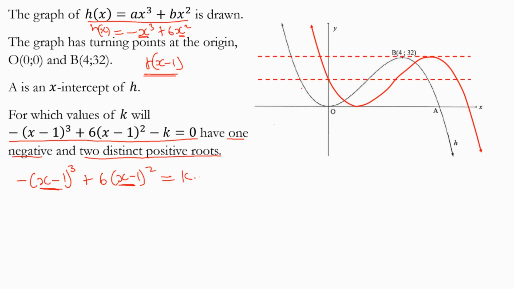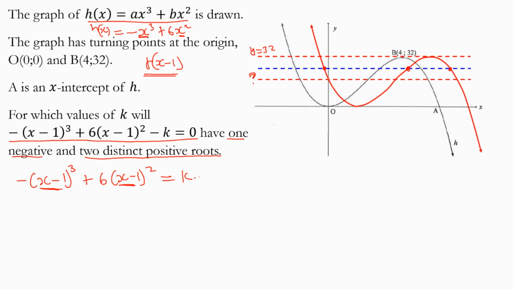This is where we have 1 negative and 2 distinct positive roots, where I've put the dots there. So it should happen between which values? Here we know that y is equal to 32, but we need to find this value here. How do we do that?